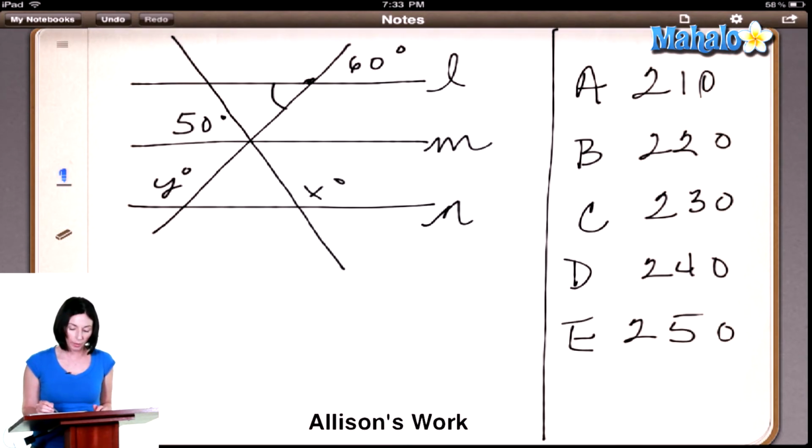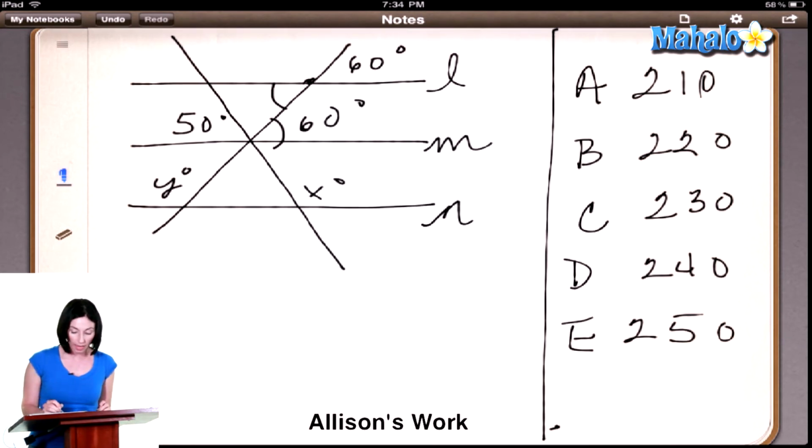So let's look at the same side of the transversal that makes the 60-degree angle. At the top, we've got a 60-degree angle with line L, right? So go down to line M. The angle that is being made with that same transversal and line M is also 60 degrees because it's corresponding. And we can do the same thing. Go down one more.